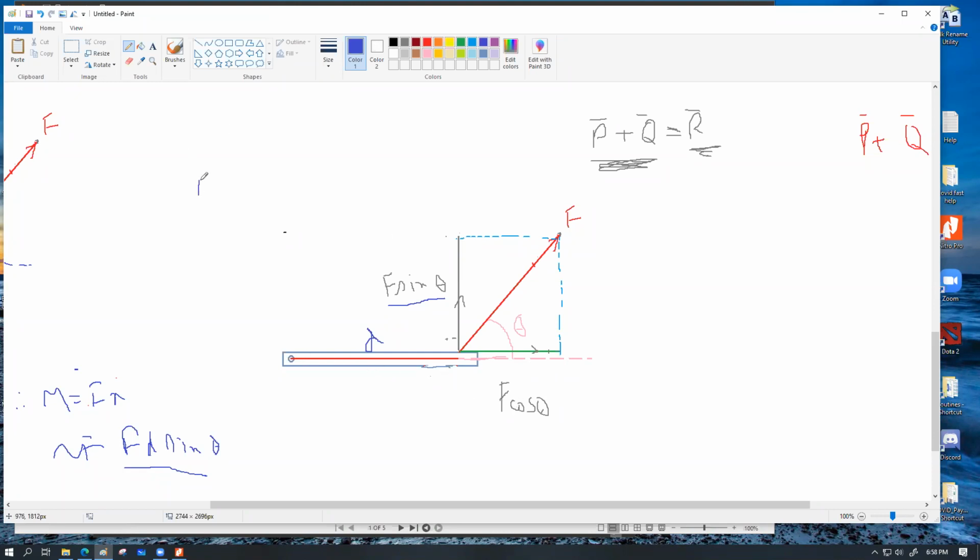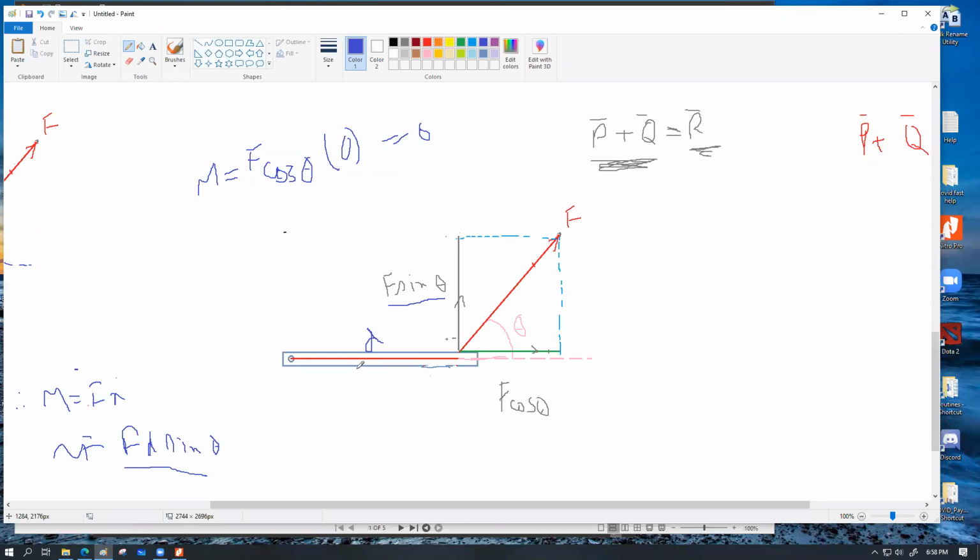So if you think about the equation, the moment for this horizontal component F cos theta can be written as F cos theta, the force, multiplied by 0, because from the pivot point to the F cos theta force, the perpendicular distance is 0. So ultimately this will not give you any moment whatsoever. This F cos theta component of the F force is not going to give you any moment whatsoever.